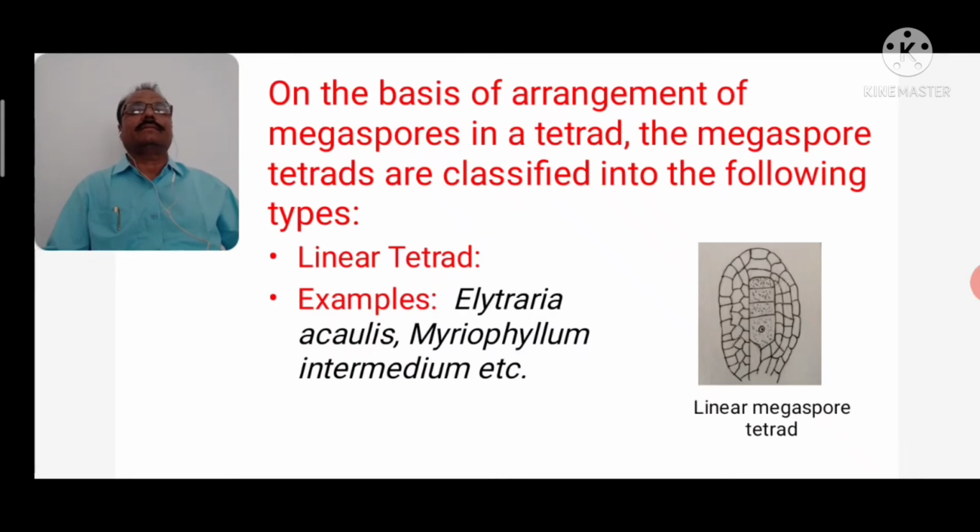Linear tetrad. In this, all megaspores are arranged linearly, one after other in a line. For example, Elytraria acaulis and Myriophyllum intermedium.